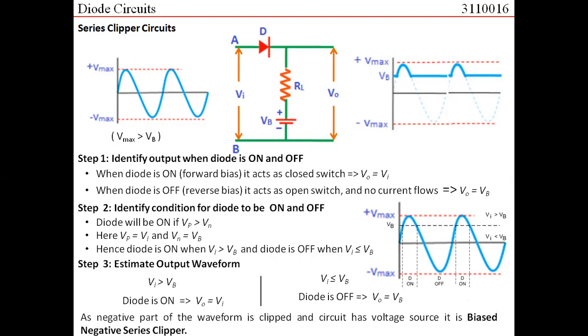Here the upper portion of the waveform is available. The lower portion of the waveform is clipped. So we would call it a negative clipper. And third, the circuit is making use of a DC source and hence it is a biased clipper. So combinedly, we would call it a biased negative series clipper.